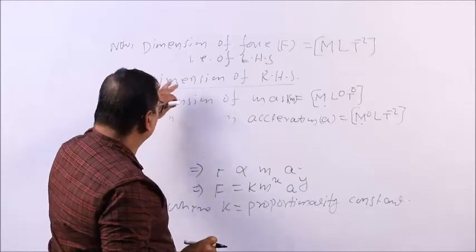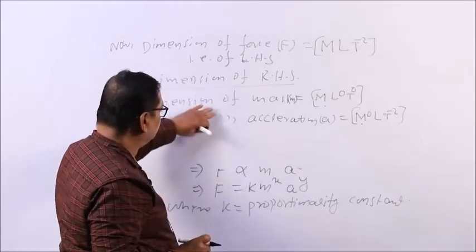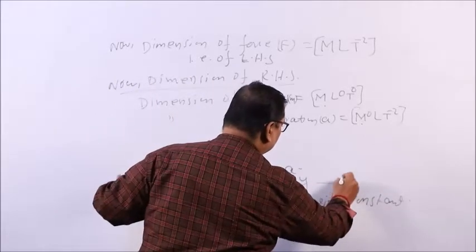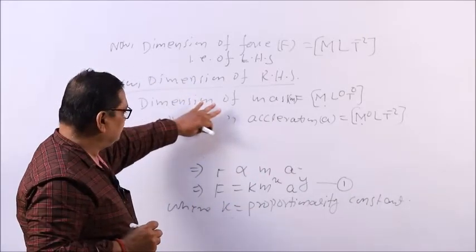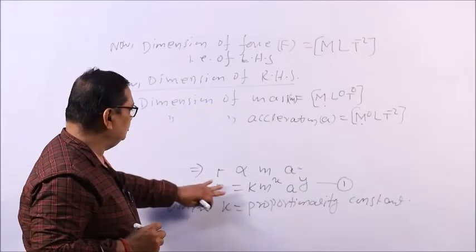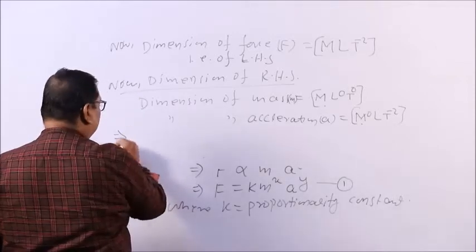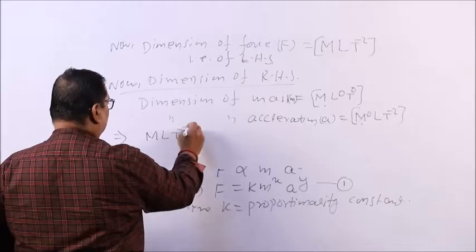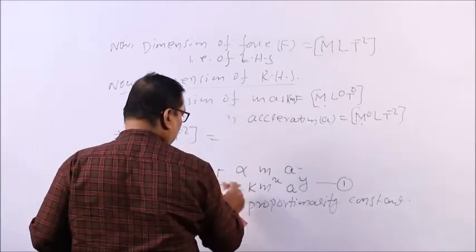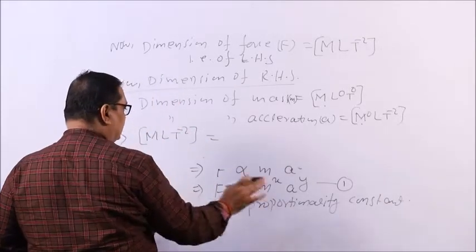So, now substitute the dimension of LHS and dimension of RHS of each term in equation 1. So, m1 L1 T minus 2, k is the proportionality constant, it has no dimension.